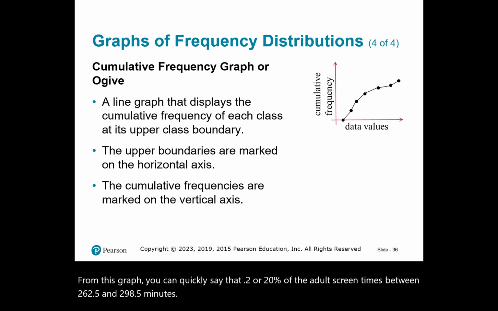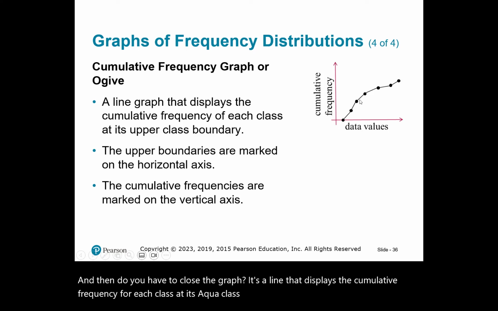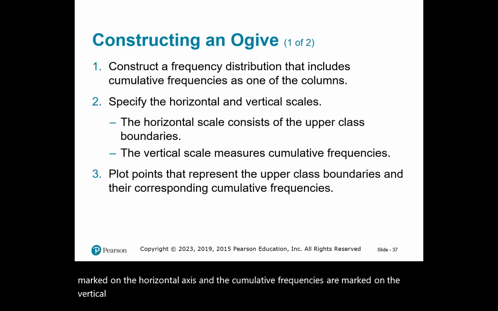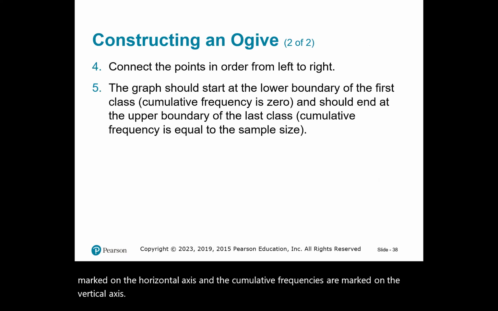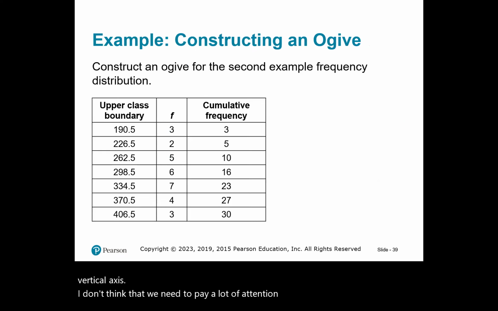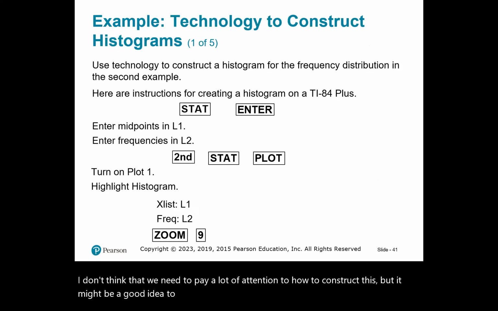And then cumulative frequency graph, it's a line that displays the cumulative frequency for each class at its upper class boundary. The upper boundaries are marked on the horizontal axis, and the cumulative frequencies are marked on the vertical axis. I don't think that we need to pay a lot of attention to how to construct this, but it might be a good idea to understand how we can create this.